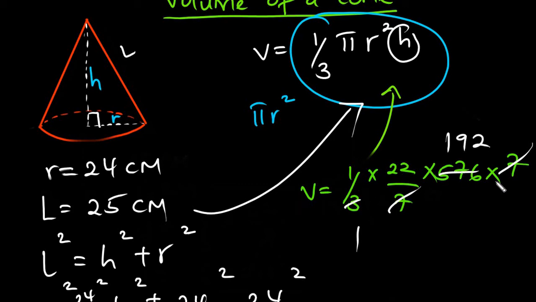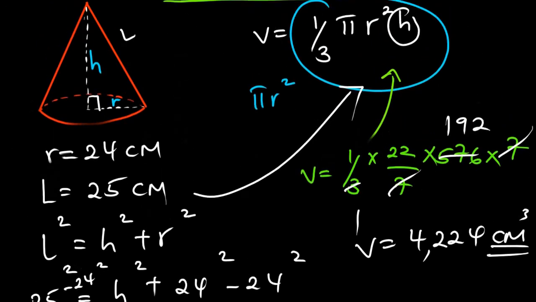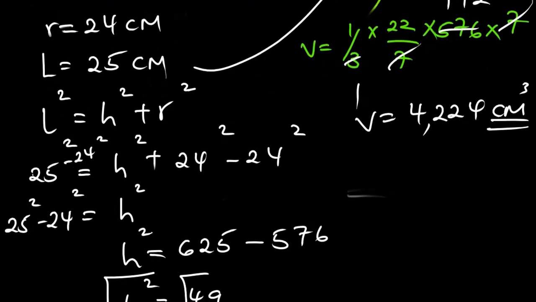Then we multiply 22 times 192, which is 4,224 cubic centimeters. So that is the volume of the cone. Do not forget to indicate the units.